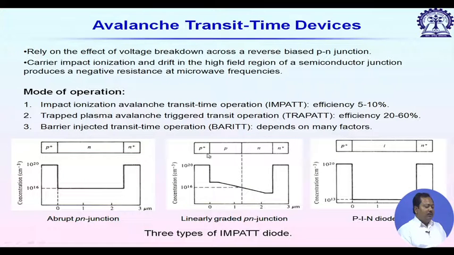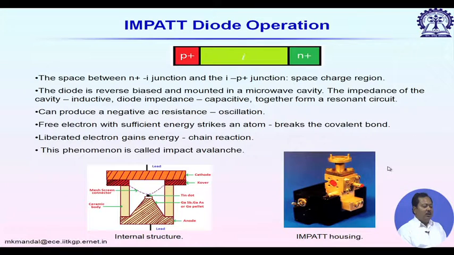Next one, p plus p n n plus. So, this lightly doped p n part is used as the drift region, and next one is p plus I n plus. So, the I intrinsic layer is used as the drift region where electrons will accelerate and gain sufficient energy from the electric field, so that it can break one covalent bond when impacting.